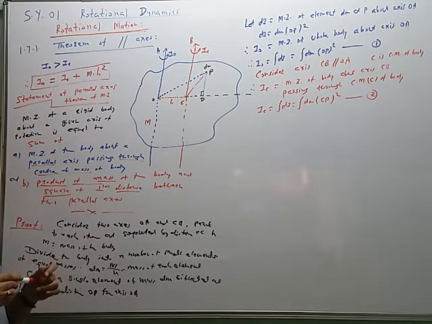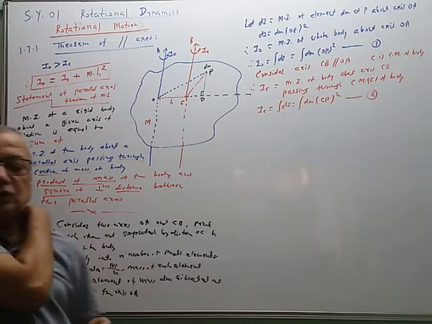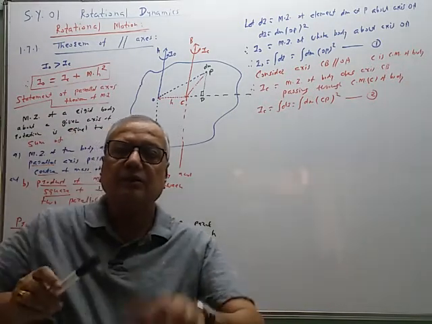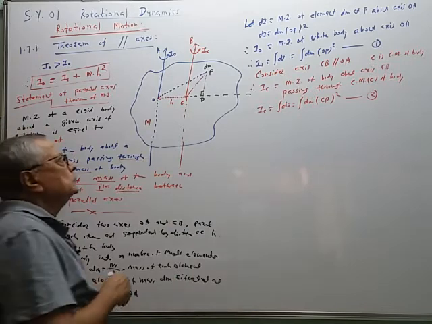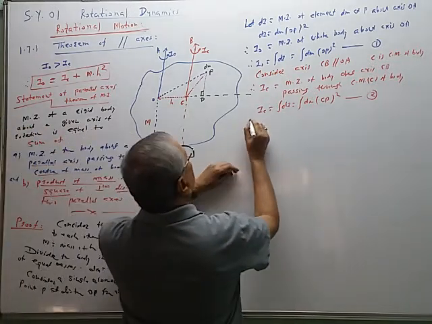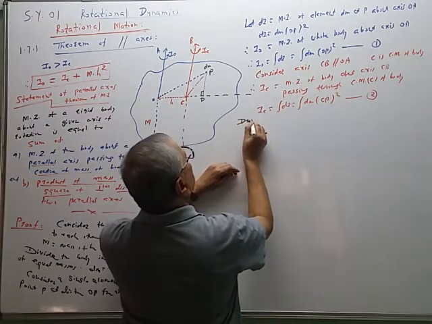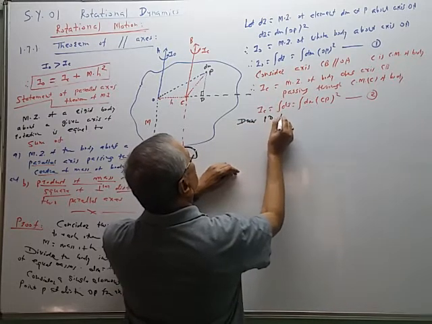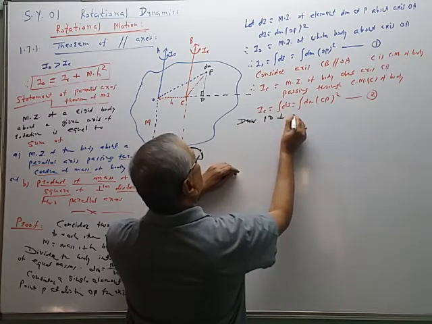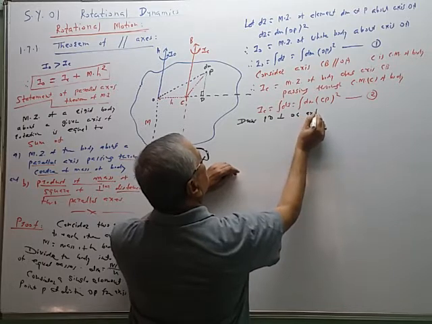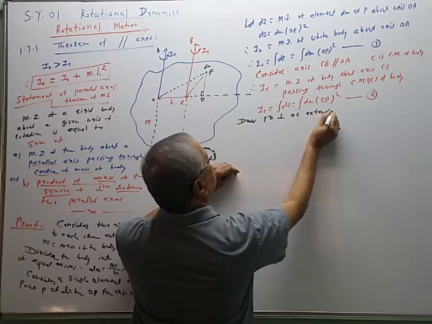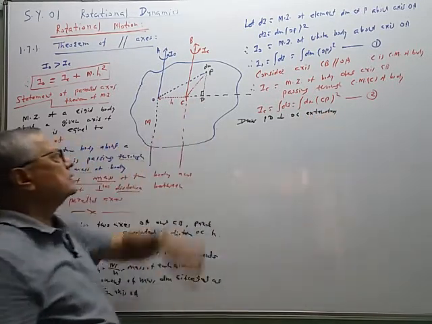So we know I and IC. To find the relation between I and IC, we have to use the geometry. Draw PD perpendicular to OC extended. The line OC is extended, and on this line PD is a perpendicular.